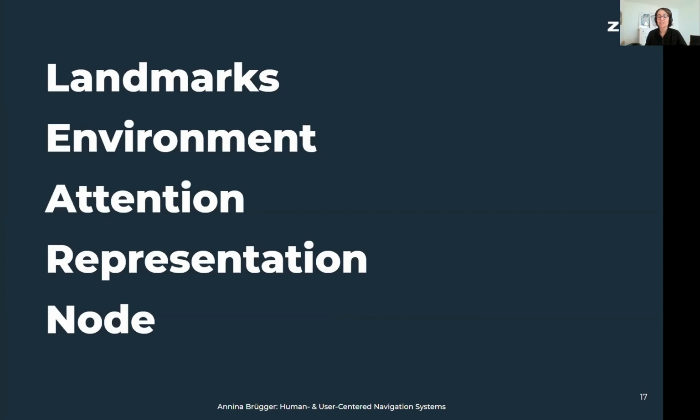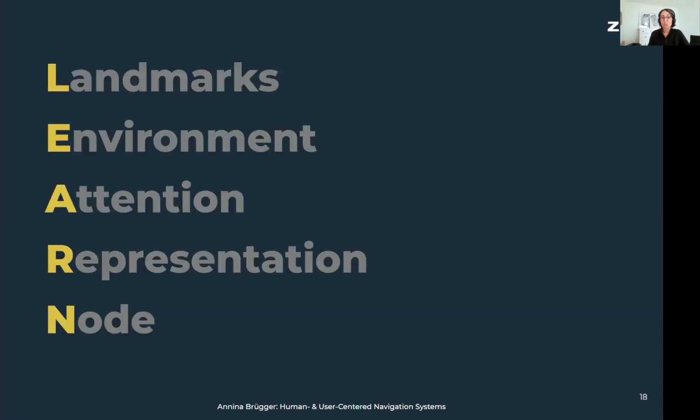So I have now introduced to you these five principles that are important in cartographic navigation theory and that are relevant for the analysis of human navigation behavior in the wild and are shown to matter for behavior analysis and for learning processes. So if we apply and consider these principles in navigation system design, we can also ensure that users learn.